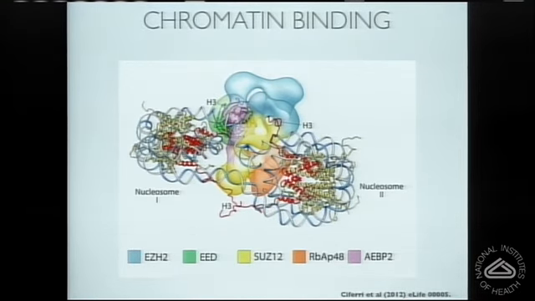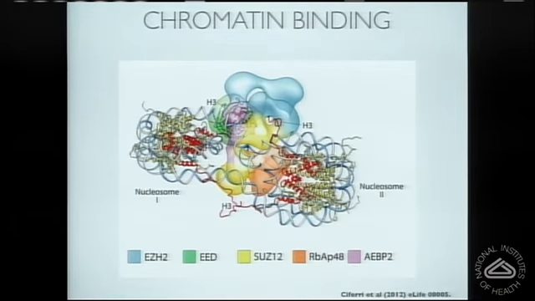And we can come out with a model that may not be correct, but at least makes sense and incorporates this kind of information, where the two nucleosomes could be localized on opposite ends of the complex, one interacting with the set and Webb's region, and the other one with the EED, placing the internucleosomal DNA by the ABP2. So this is the kind of model that now we would like to test by directly visualizing the interaction of the complex with dinucleosomes.